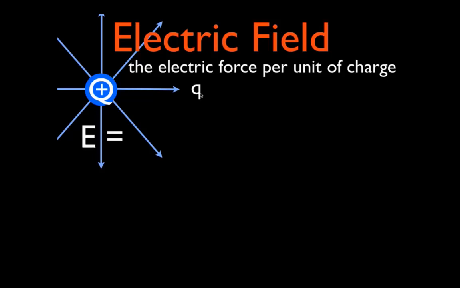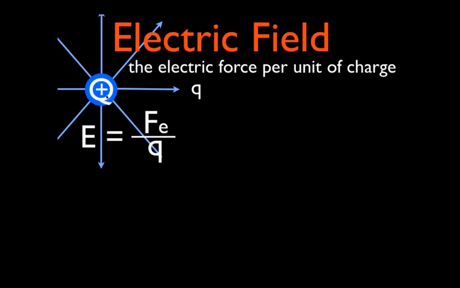So we have the electric field. E is equal to, by definition, the electric force per unit of charge. Now you can see I put lowercase q because it's per unit of this charge, which is placed right here away from this main charge.